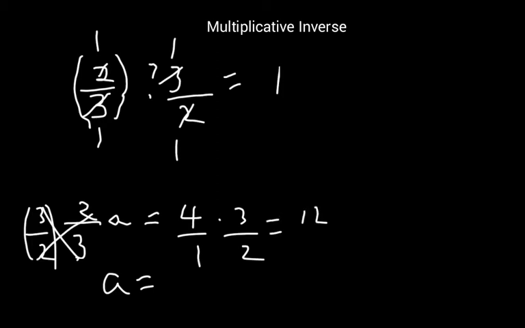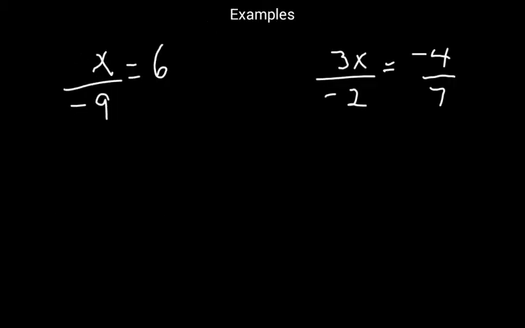And that would be 12/2, which is 6. So with the original equation where we had 2/3 a equals 4, you can say, well, I can undo multiplying by 2/3 by dividing by 2/3, but that's just a little bit more complicated, not much, but you could do that. It's just that a lot of times it's easier to use the multiplicative inverse to isolate the variable like that.